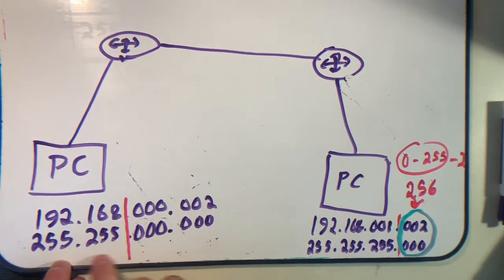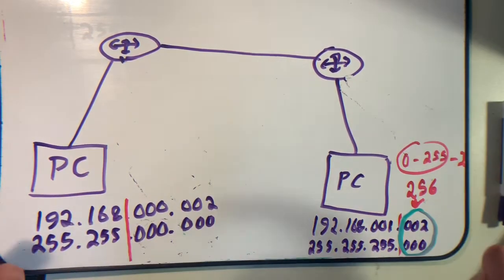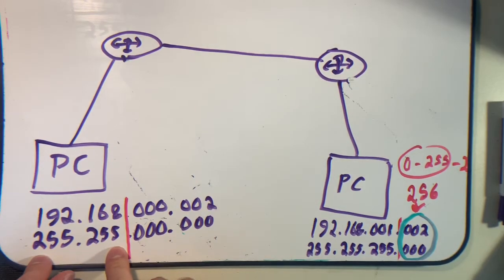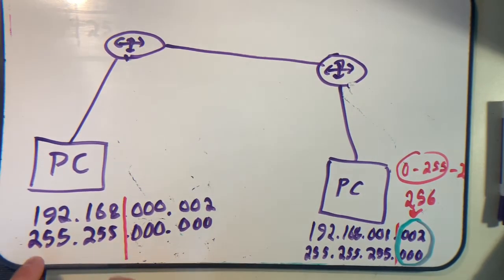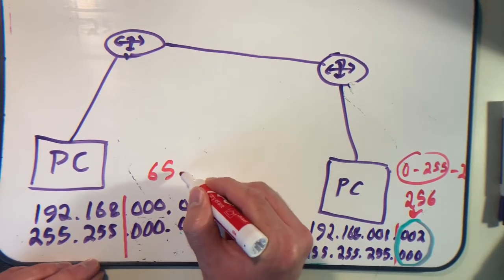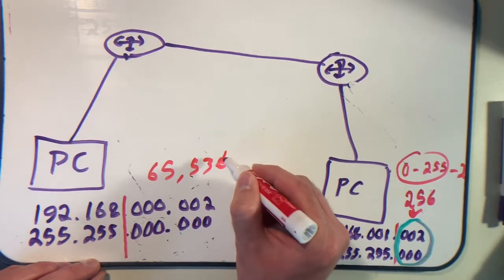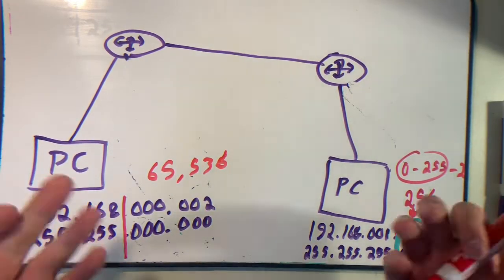Over here, because we've changed this, now these two numbers are associated with the host address, the building number, whereas this part here is considered to still be the network address, or the street that those buildings would be on. But now, since we've expanded this out so much, instead of having 256, we now have approximately 65,000 possible host addresses.